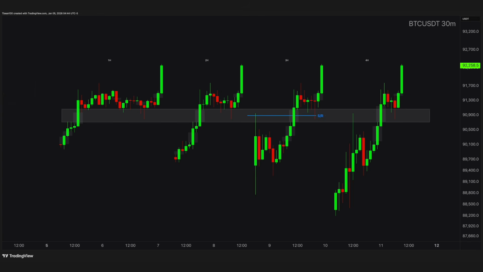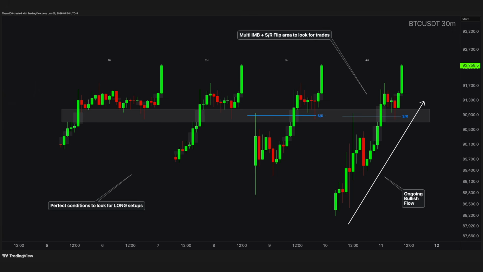On top of that, we also have these very clear SR flip points that help us pinpoint specific entry locations. And if you look at the overall price action, we are clearly in an uptrend right now. Price started from around 87K and has been rallying up towards the 93K area.